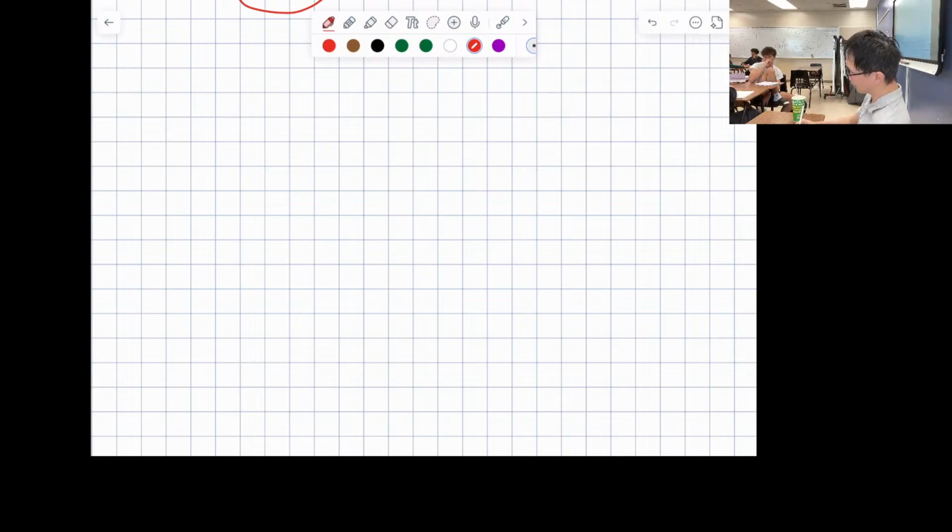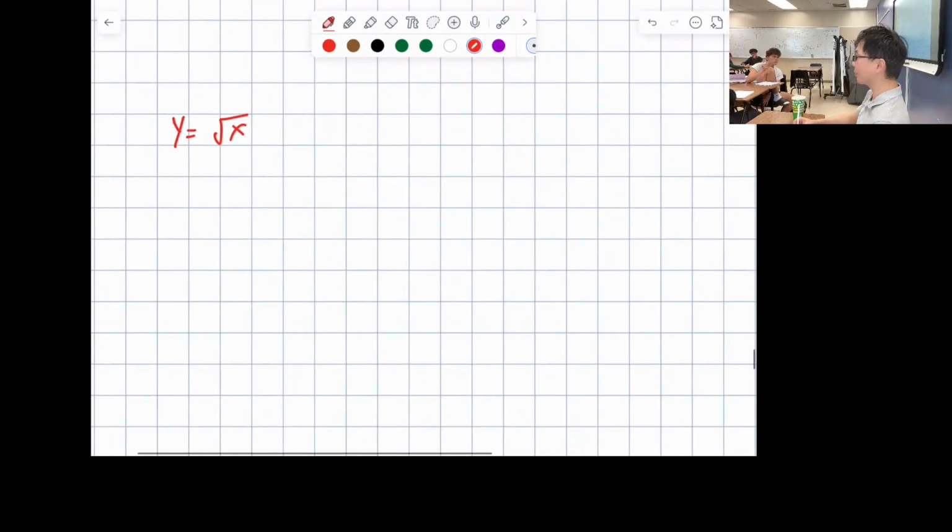Well, I hear something. Somebody says square root of x. Square root of x, y squared. I'm gonna show you. I'm also gonna have a cutoff line that says x equals 4, y equals 0.